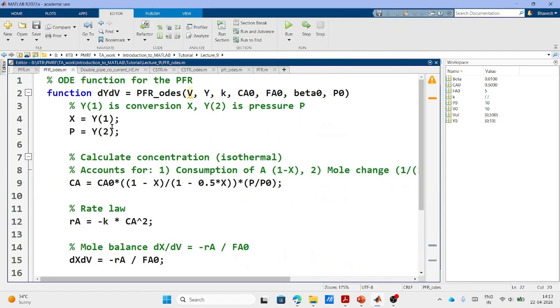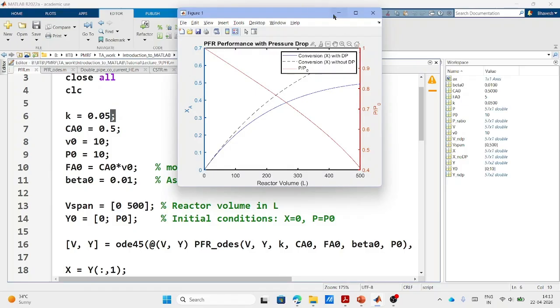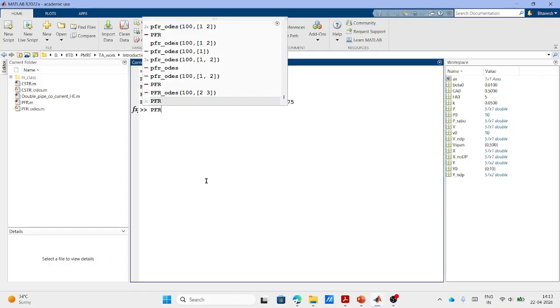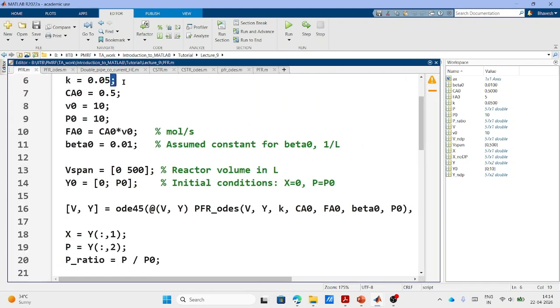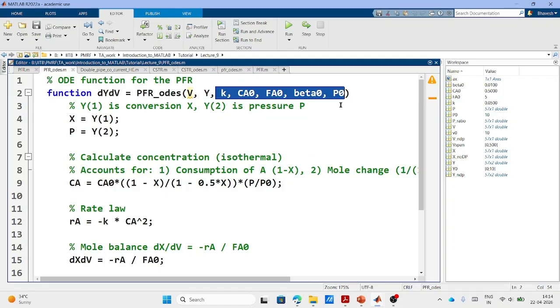Yeah, what we have to provide is yk. So if I run this command, this code, yeah, it's working well. But for here, I don't know why it's not giving me the correct answer. So in this PFRODs, I have to call this whole thing.